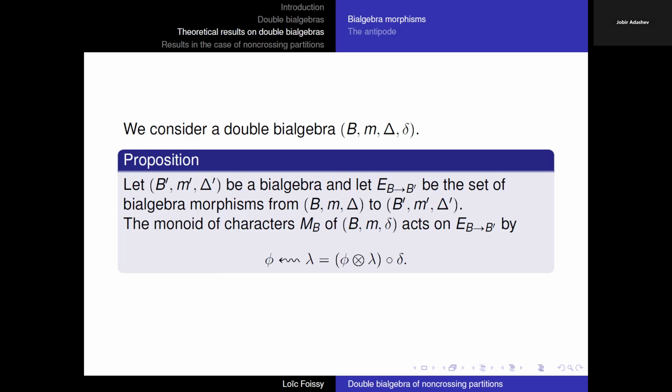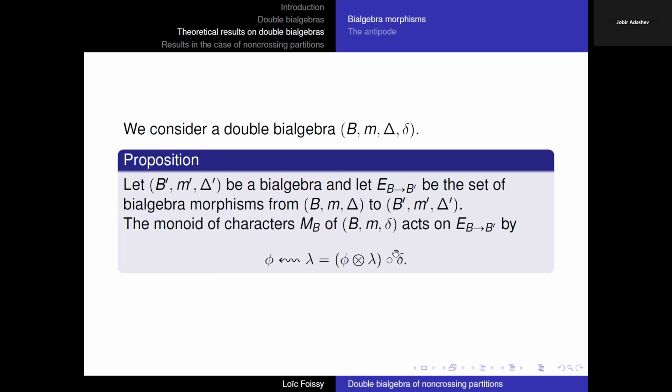This is not just a set. In fact, the monoid of characters of the second coproduct acts on it. So you can take a morphism phi from B to B prime, and a character lambda, which goes from B to the base field C. And you can transform it into another bialgebra morphism.